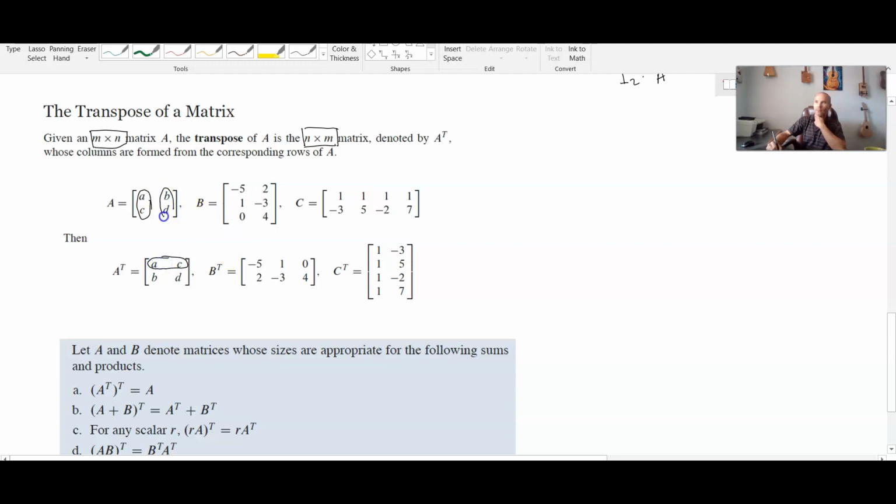The second column, B D, laid on its side becomes the second row. Another way of thinking about that is that the first row of matrix A becomes the first column of A transpose, and the second row of A becomes the second column of A transpose.